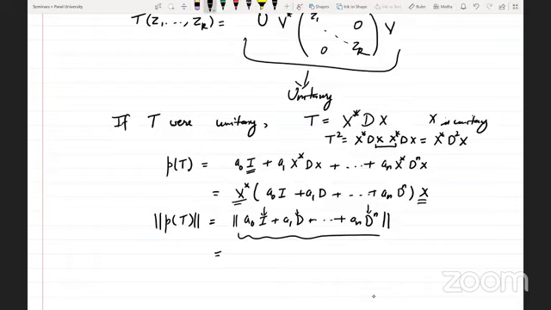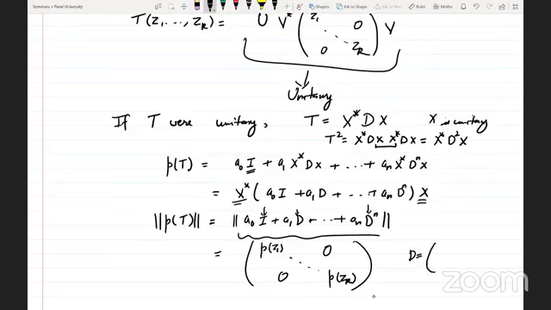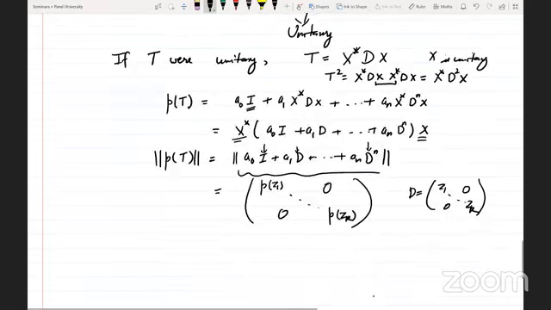And in fact, if you just look at it, it is exactly P of Z1, up to P of Zk, if your D was Z1 up to Zk.